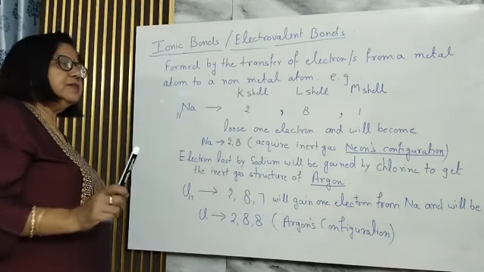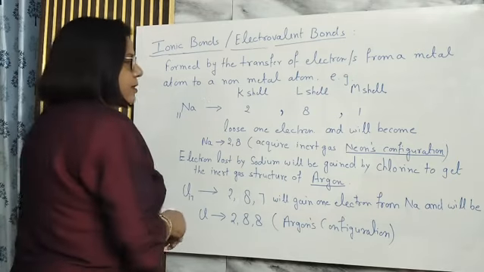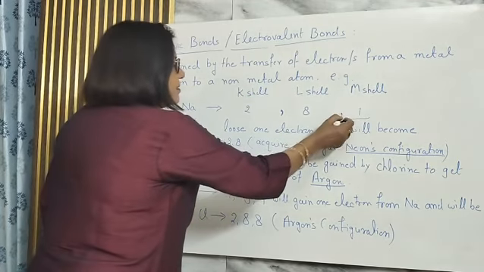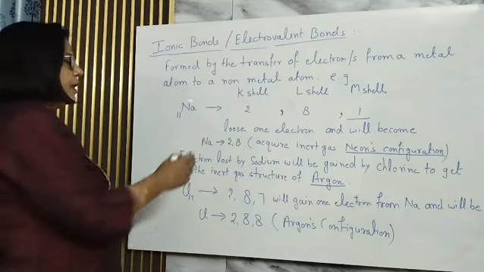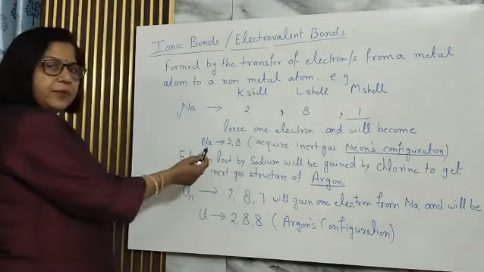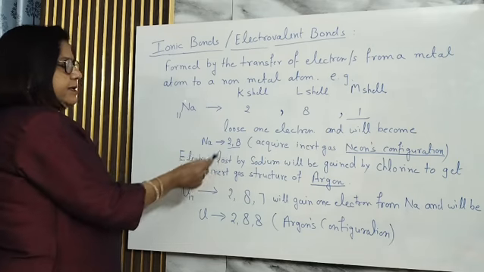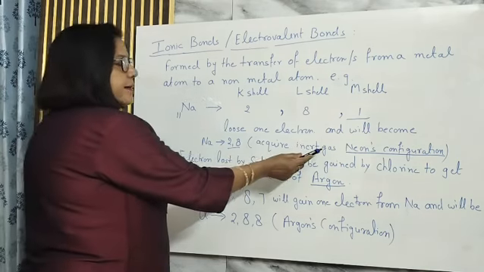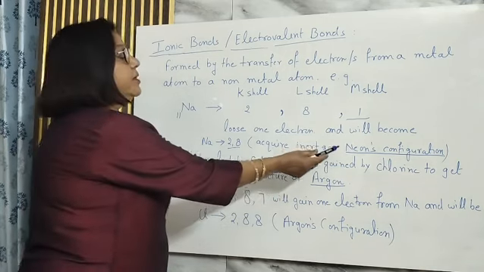Sodium loses its 1 electron, the electron in the M shell, given up by the sodium metal. Now it loses 1 electron and the configuration becomes 2, 8, which means it acquires the inert gas configuration of neon.